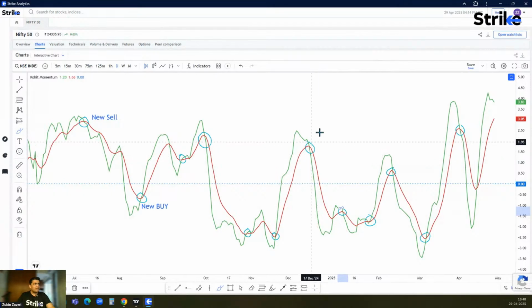But what is the difference between this sell and this sell? The difference is that this sell is above the zero line, which can be more effective than this particular sell signal, which is below the zero line.